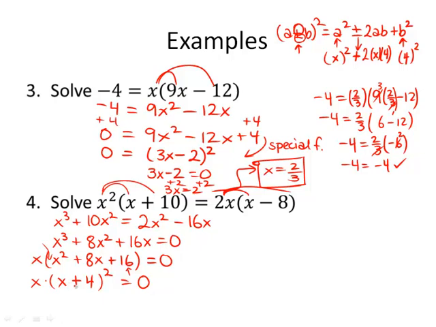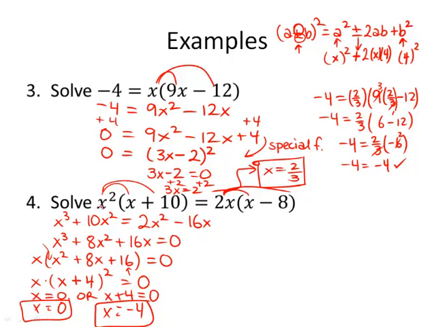If it's squared, you only have to consider it once. So it's either x equals 0 or x plus 4 equals 0 that would potentially make this equation true. So x equals 0 is one answer, and subtract 4 from both sides, you get x equals negative 4 should be the other answer. You can check both.